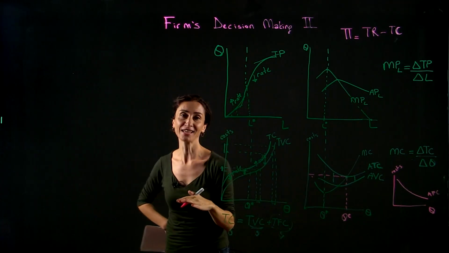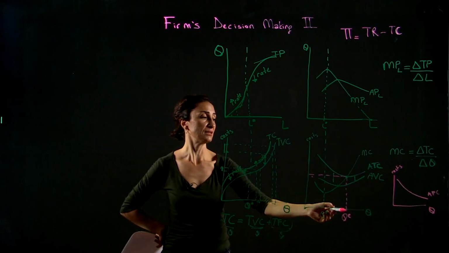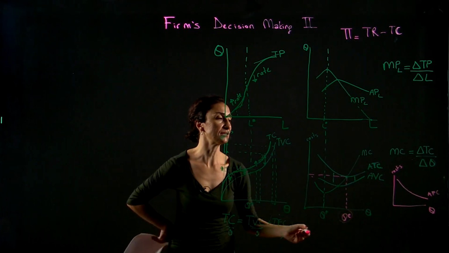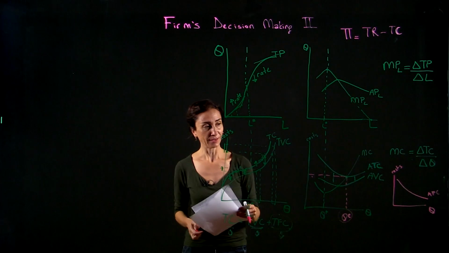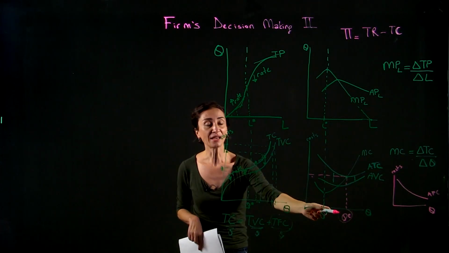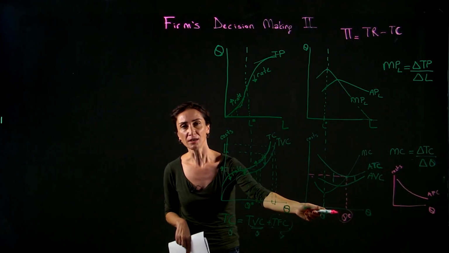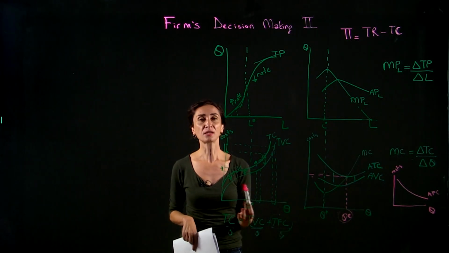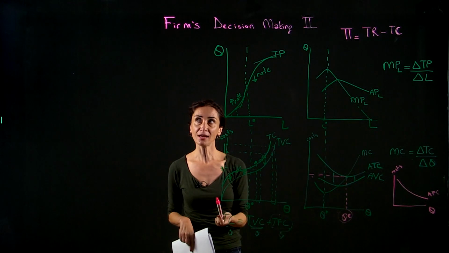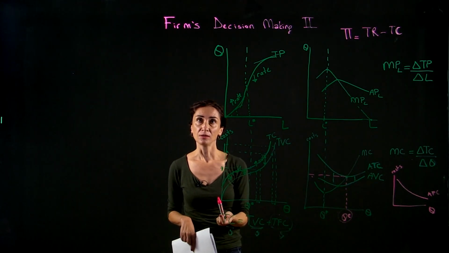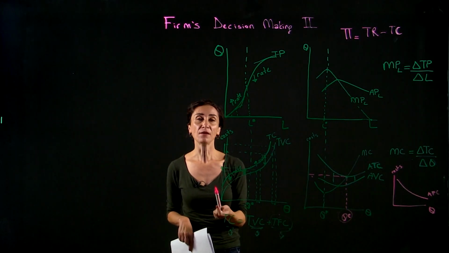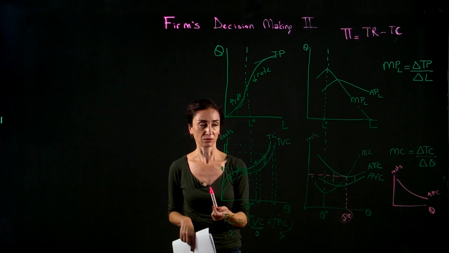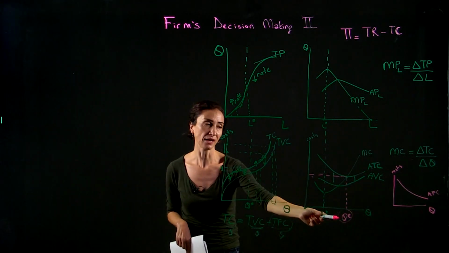No. This quantity is known as the productively efficient quantity. If I ask you what is the amount of output that maximizes the efficiency of production, this is the answer.